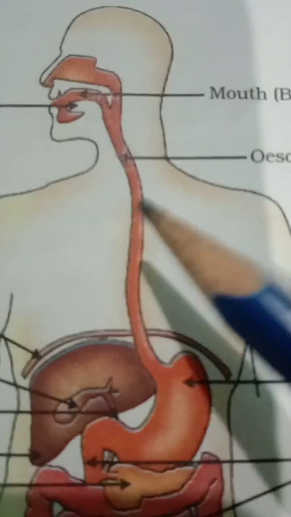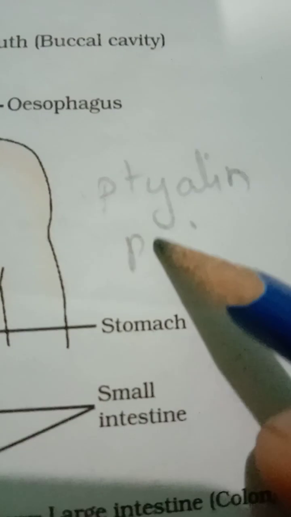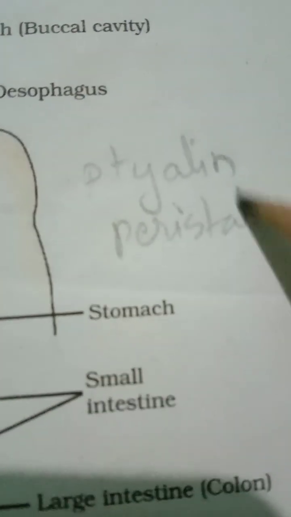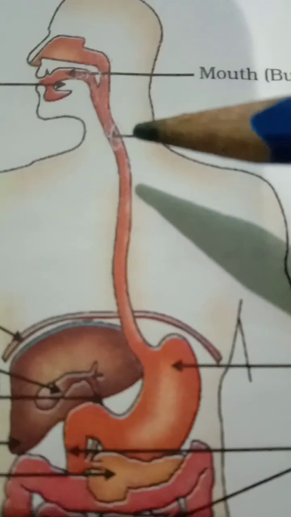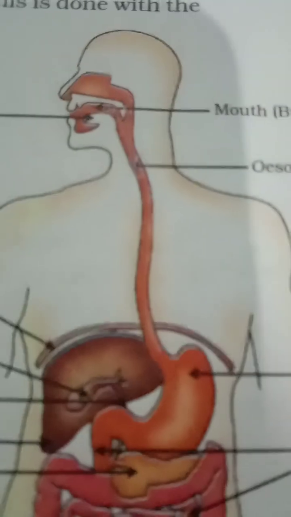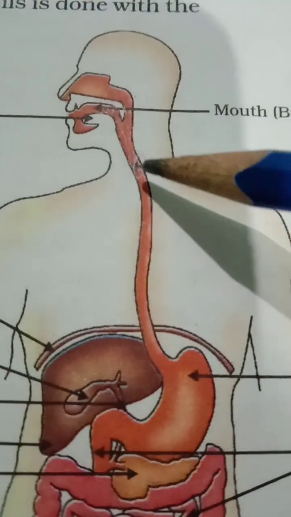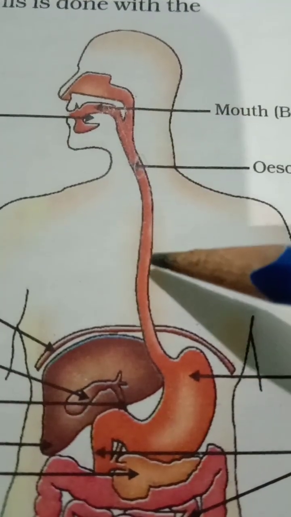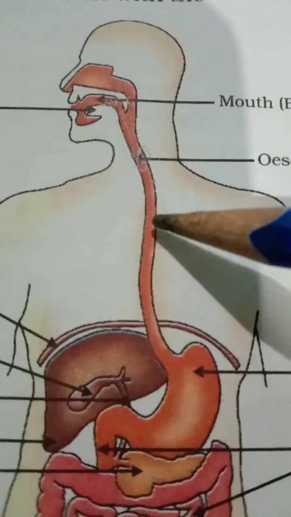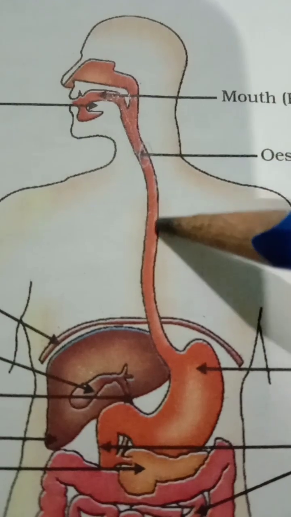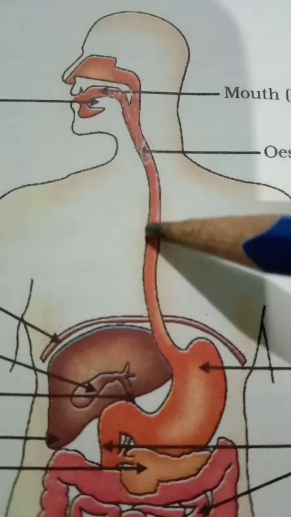That type of movement is called peristalsis. That means expansion and contraction of the esophagus while the food is passing through it. For smooth movement, peristalsis is helped by the mucus. Mucus is a jelly substance which is produced from the walls.